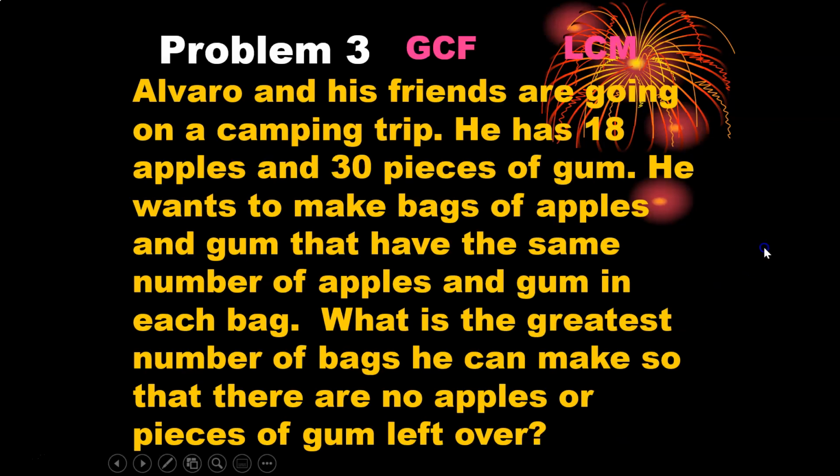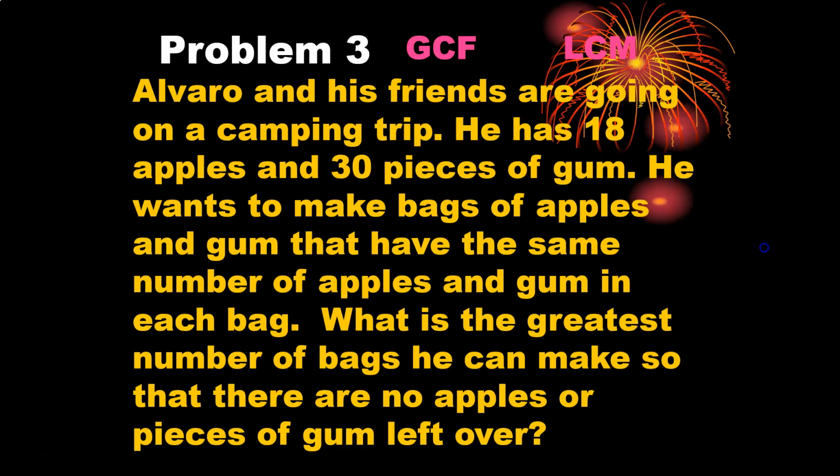Question number 3. Alvaro and his friends are going on a camping trip. He has 18 apples and 30 pieces of gum. He wants to make bags of apples and gum that have the same number of apples and gum in each bag. So what is the greatest number of bags he can make so that there are no apples or gum left over? Just in case you're ever in this situation, you would need to know what kind of problem this is.